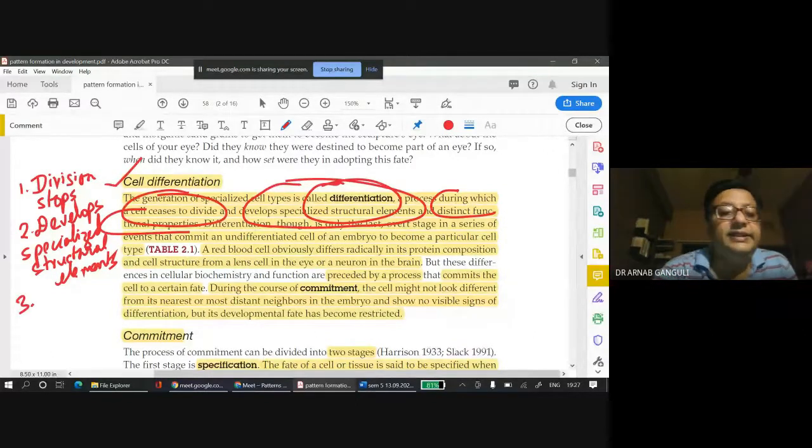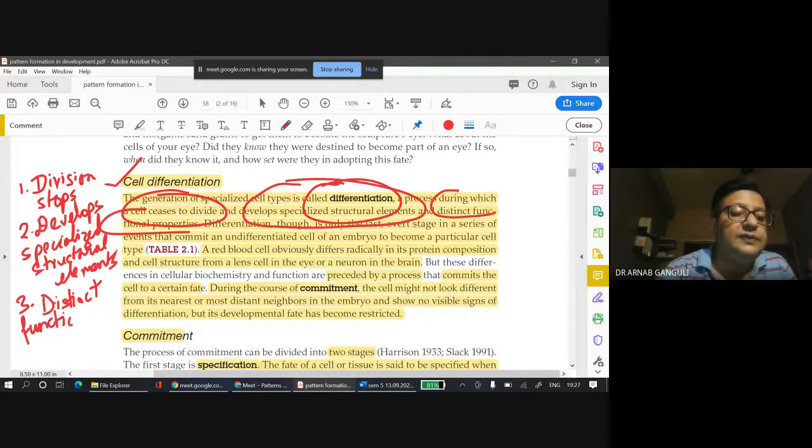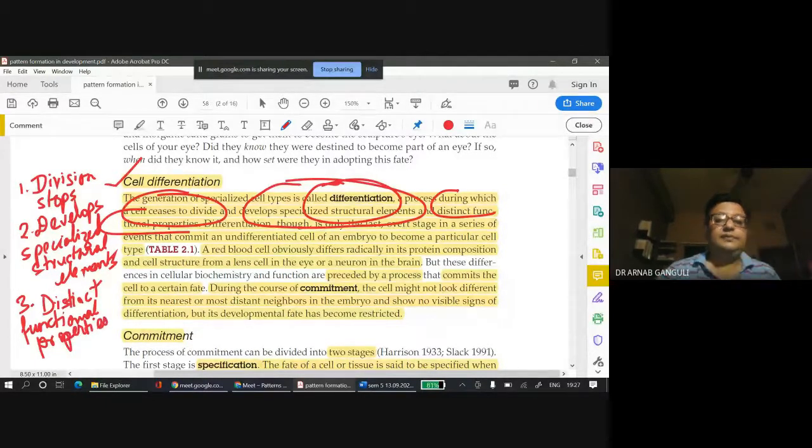And third is it has distinct functional properties. So these are the three things which happen.